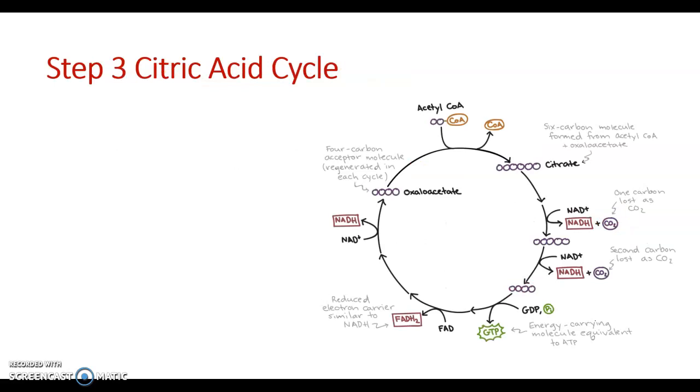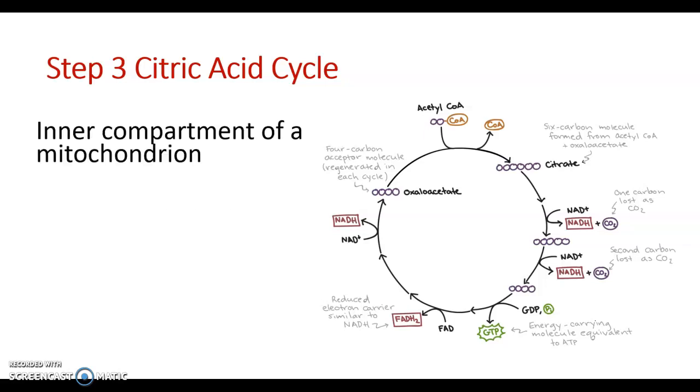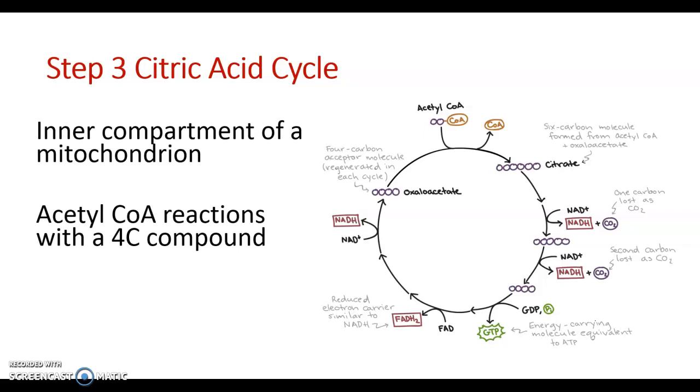Step 3 is the citric acid cycle. Again, this looks crazy because it happens in a series of its own 8 chemical reactions. For the purposes of this class, you are not responsible for knowing each of those individual chemical reactions. But, kind of as an overview, acetyl-CoA reacts with a 4-carbon compound and then completes the cycle of those 8 chemical reactions. And this loop of reactions is actually called the Krebs cycle.